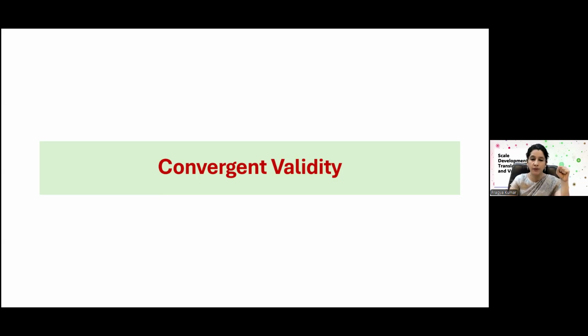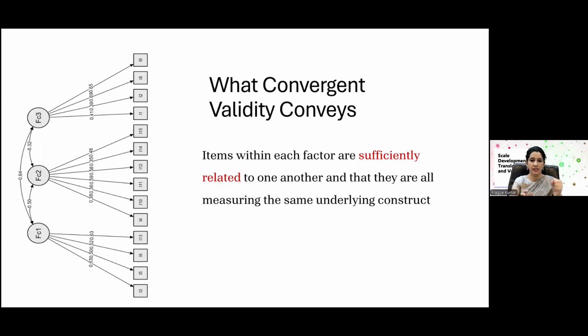And how do we measure this? Convergent validity basically says that items within each factor, this is factor 1, this is factor 2, and this is factor 3. These are the items measuring factor 1.